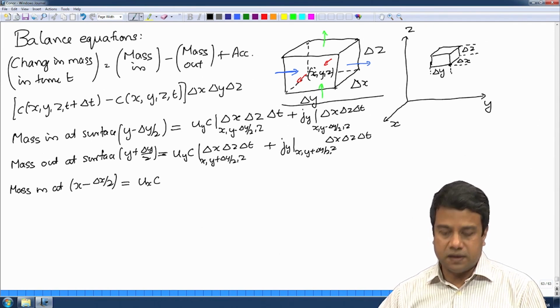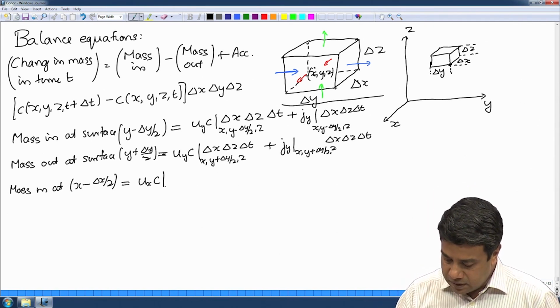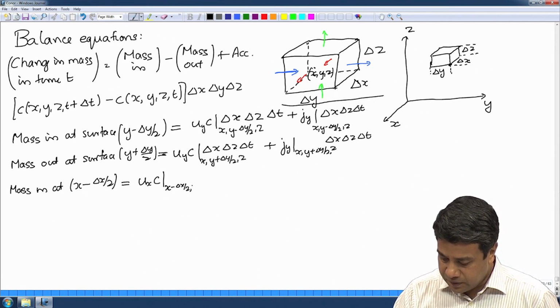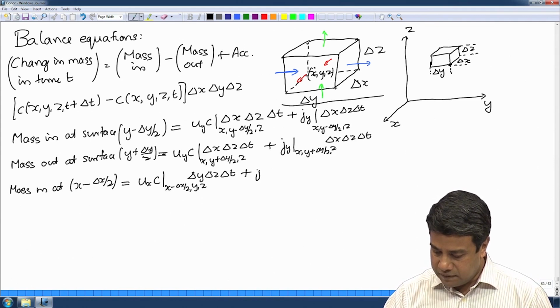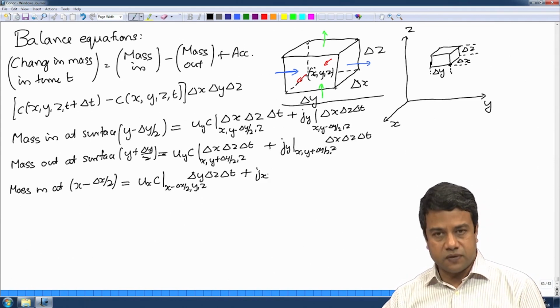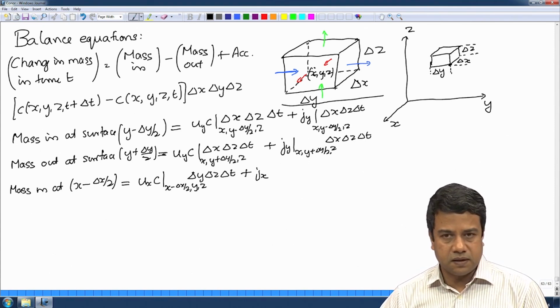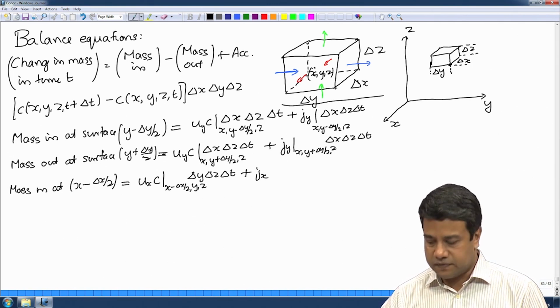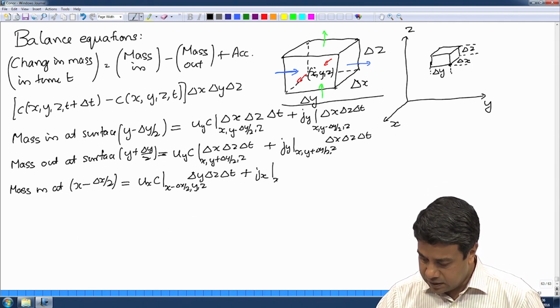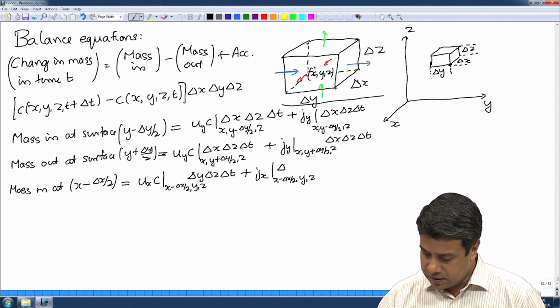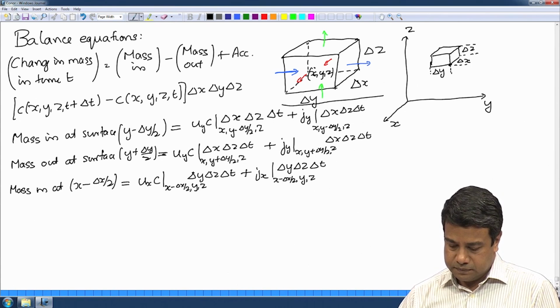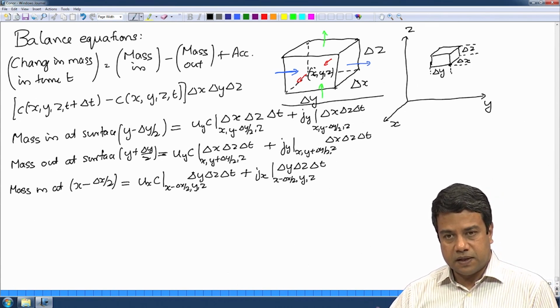So, I have to multiply the velocity in the x direction times the concentration at the location x minus delta x by 2, y, z, times the surface area, delta y delta z delta t. And then I have the flux in the x direction. This is the diffusive flux. One contribution is due to convection, the other contribution is due to diffusion. So, the second is the diffusive flux at x minus delta x by 2, y, z, times delta y delta z delta t. So, that is the flux coming in at the rear.